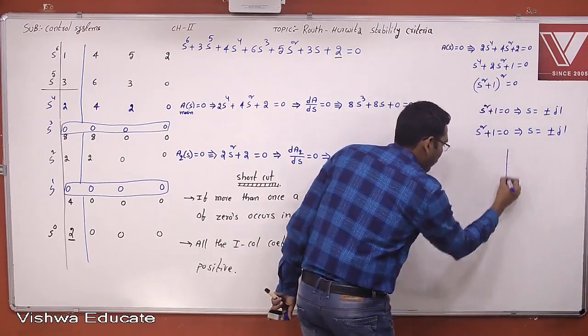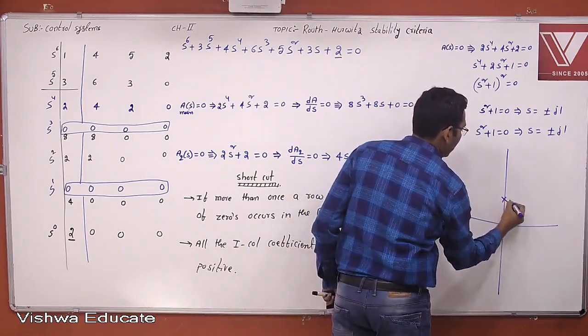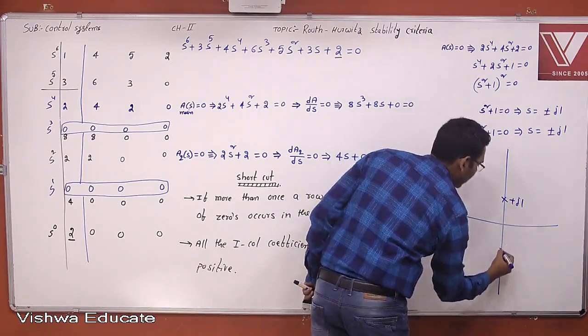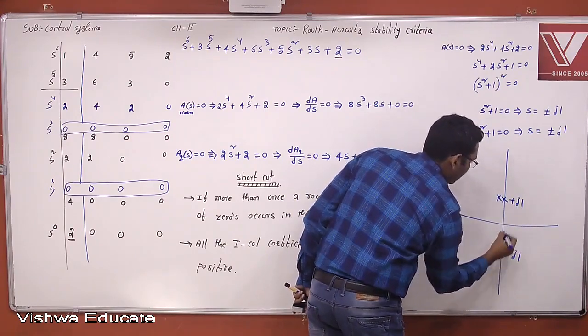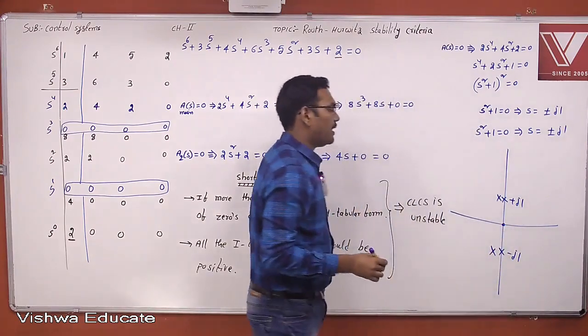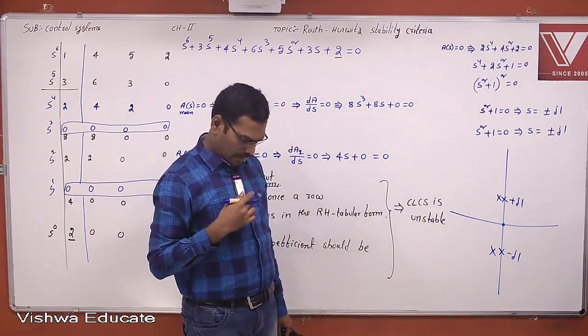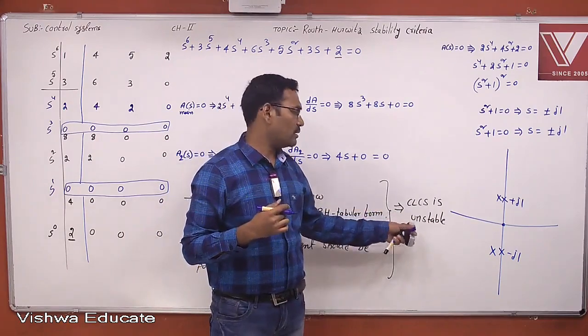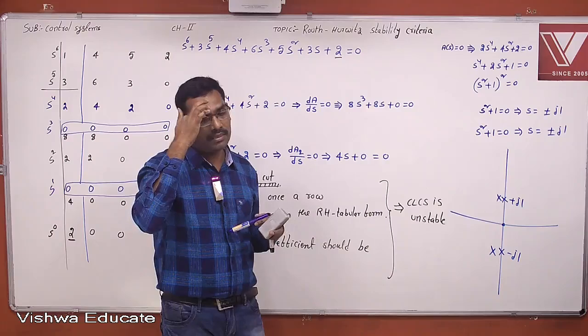The poles which lie on the imaginary axis: one is +j1 and another is -j1. Again one is +j1, another is -j1. The poles lie on the imaginary axis but are repeated, so the closed loop control system is unstable. Repeated poles on the imaginary axis, therefore the system is unstable.